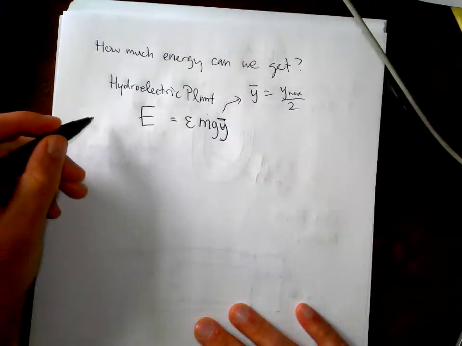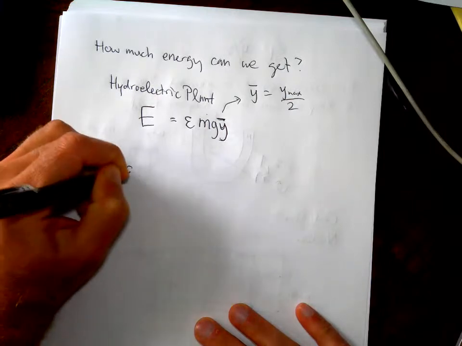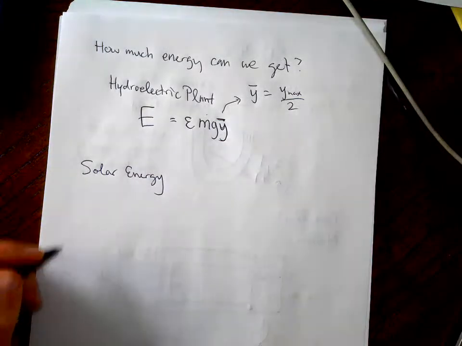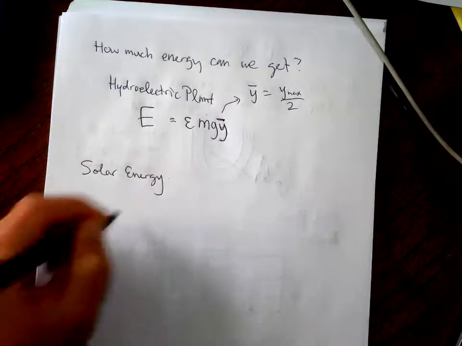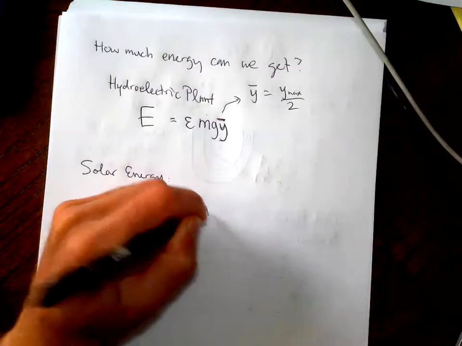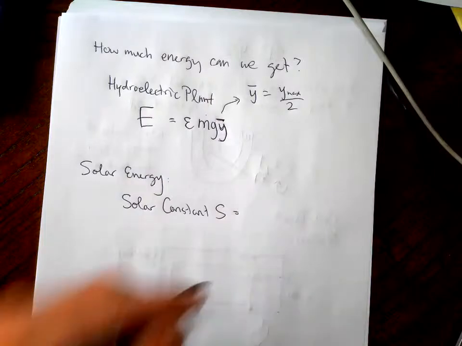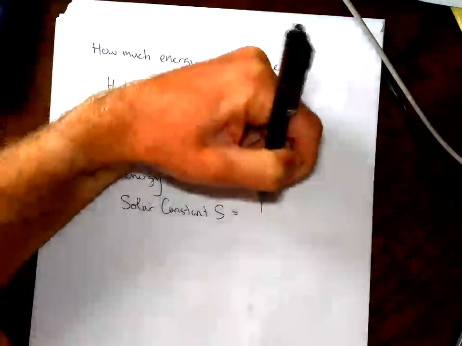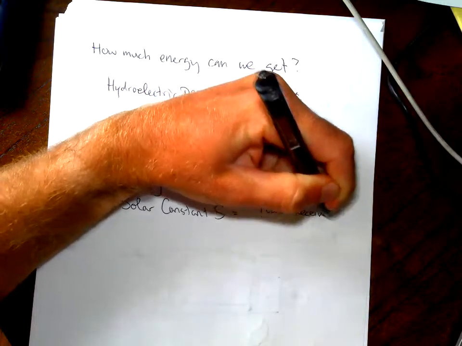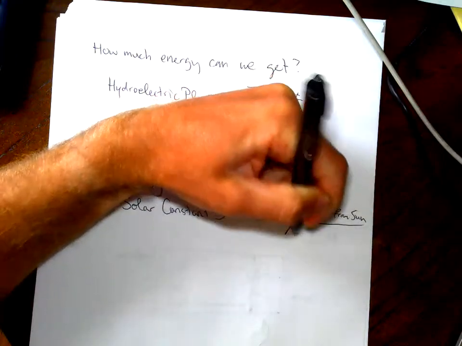Another thing I wanted to talk about a little bit is solar energy. There is something called the solar constant, which is denoted by S, and it's equal to the power received from the sun divided by the area.